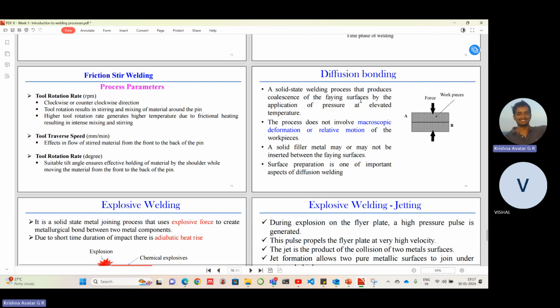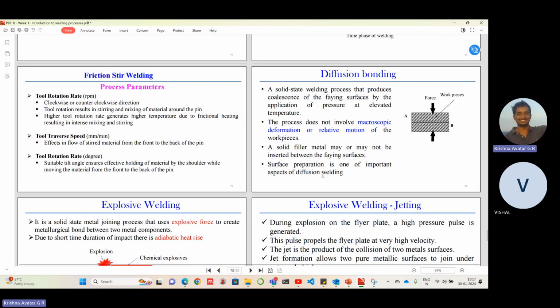Diffusion is the process by which molecules from a region of higher concentration move to a region of lower concentration. That's why it does not involve any macroscopic deformation or any relative motion of the workpieces. A solid filler material may or may not be inserted between the mating surfaces.